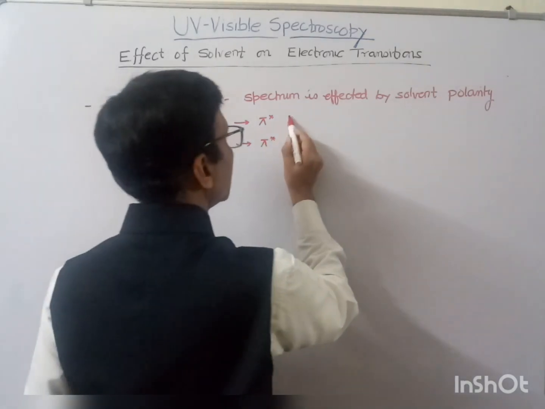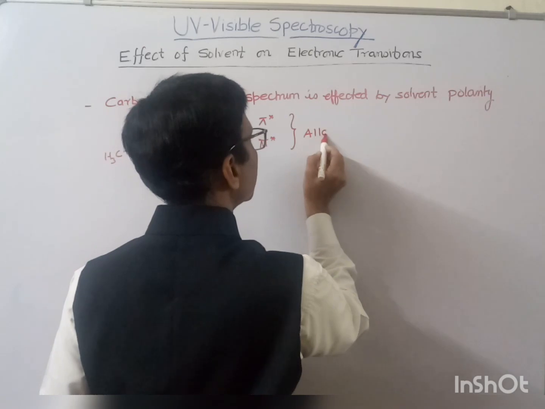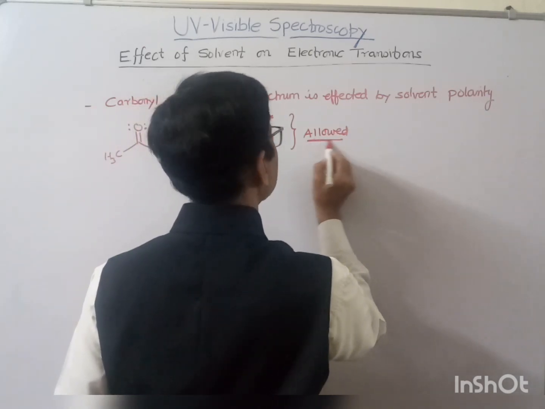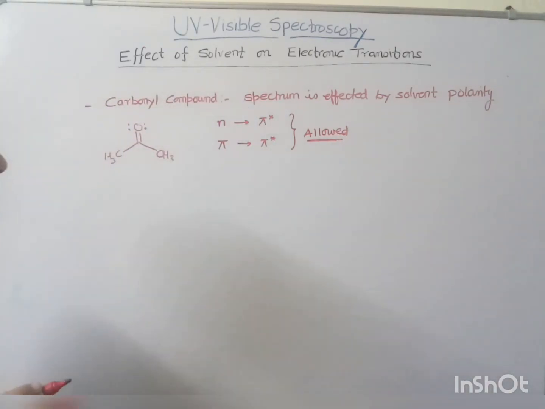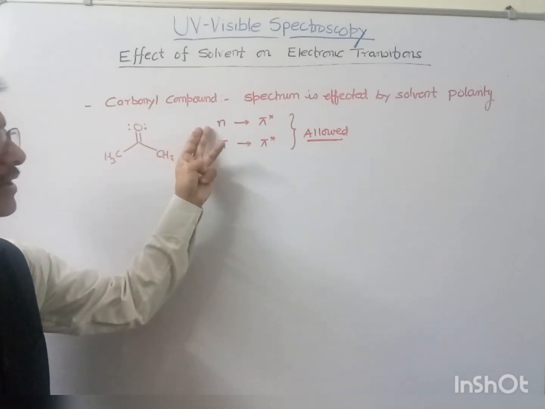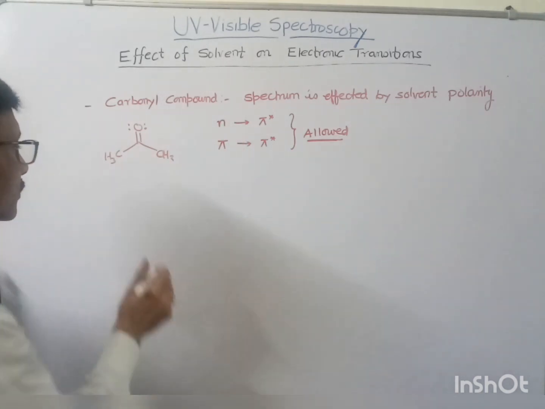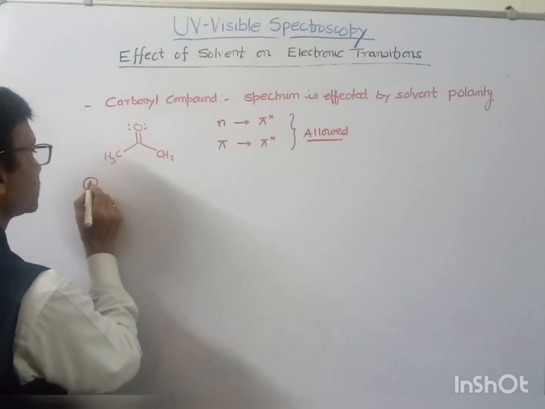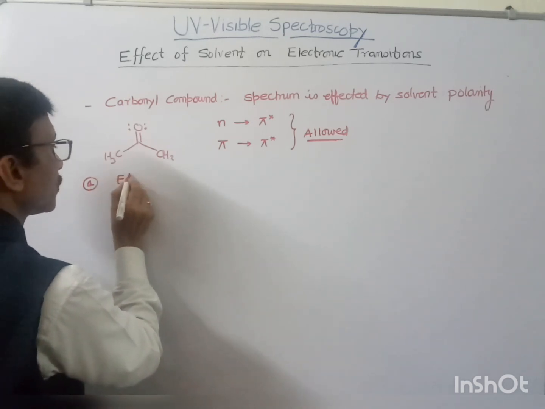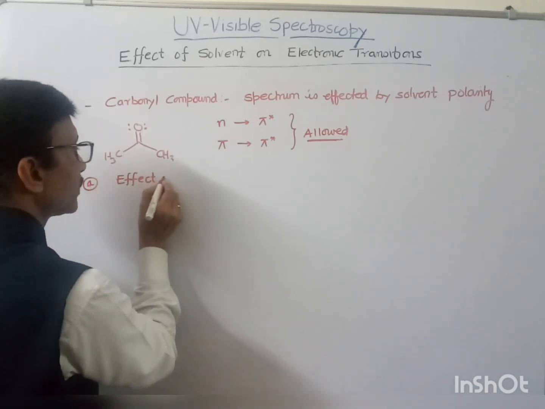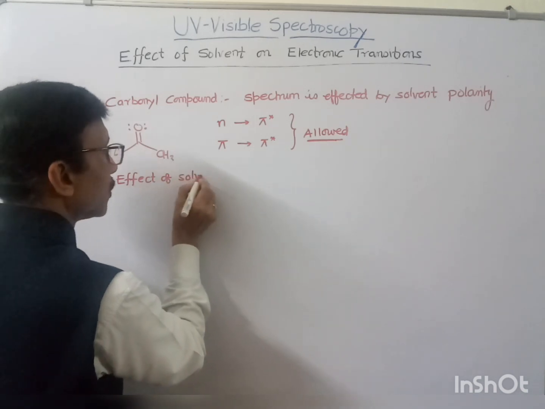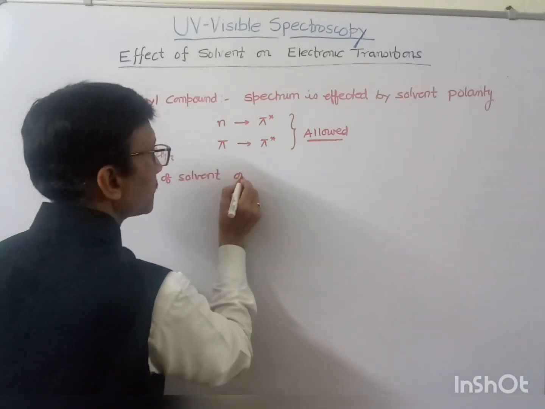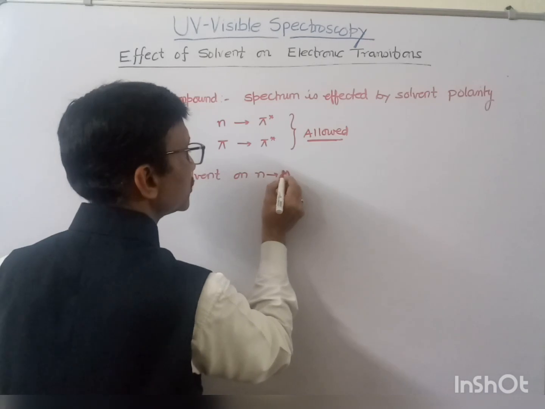We know these two are the main allowed transitions in carbonyl compounds. Now let us see how the solvent affects these transitions. First, the effect of solvent on the n to pi star transition.